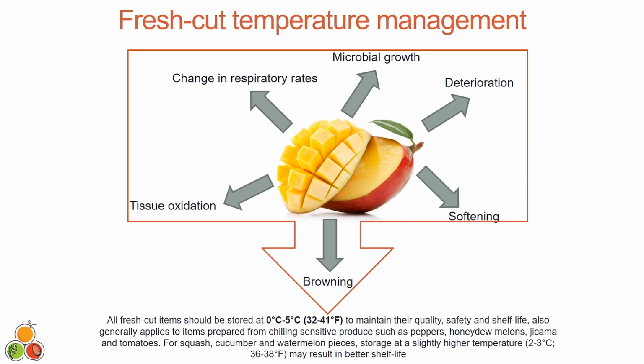In some cases, squash, cucumbers, and watermelon pieces need to be stored slightly higher, but still not at 10 degrees Celsius as specified. If I put a watermelon piece in the refrigerator and it's too cold, it's going to freeze and lose its appeal. So highly watery items are kept slightly higher, but you still need to control the temperature.